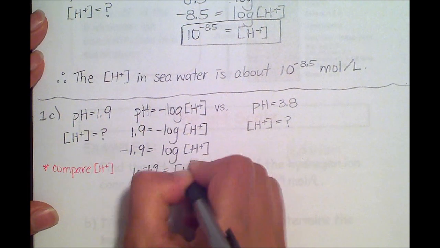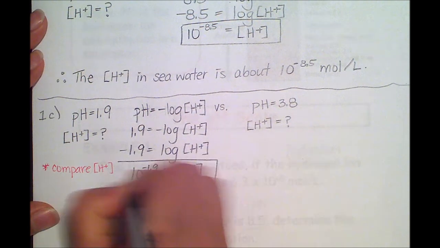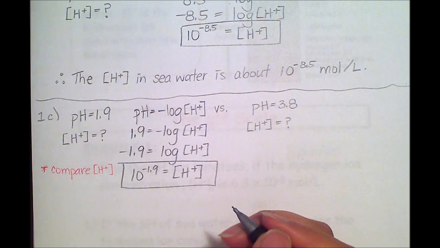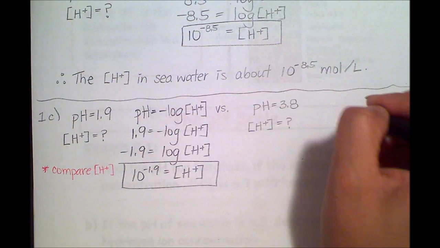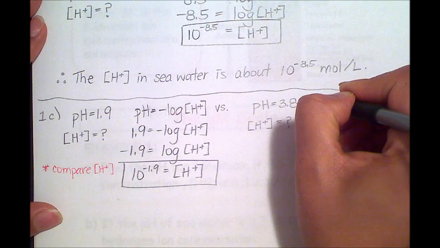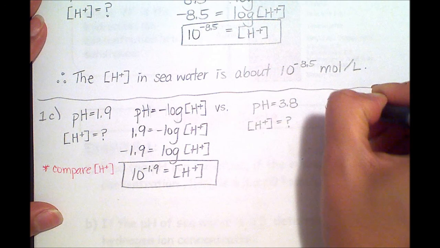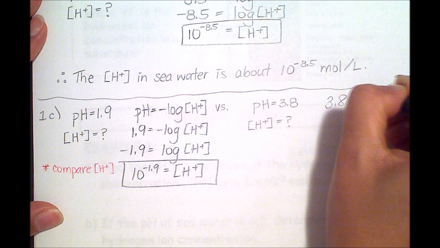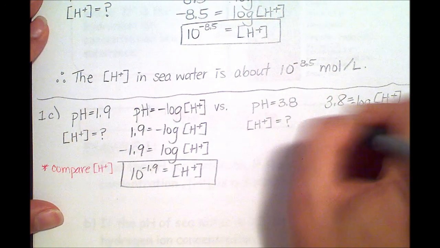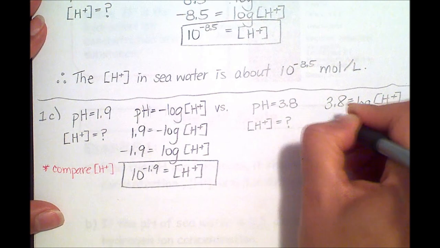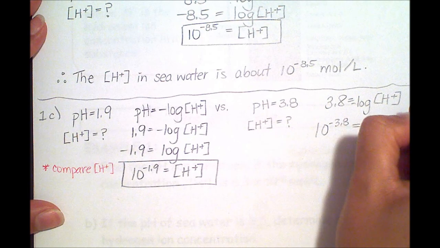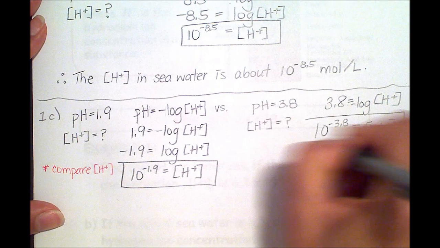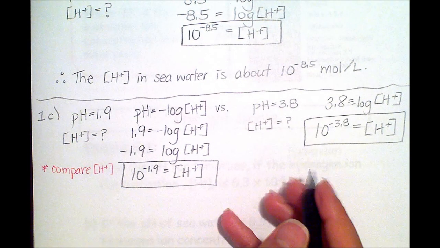And so for the acid with a pH of 1.9, there's a hydronium ion concentration. And same thing here, if I go through all the work, I get 3.8 equals negative log of the concentration of hydronium ion. And if I continue to solve this, I get 10 to the exponent negative 3.8 equals the concentration of H+. Okay, so it's the same method as what I did here. I would use the same method to solve it there.